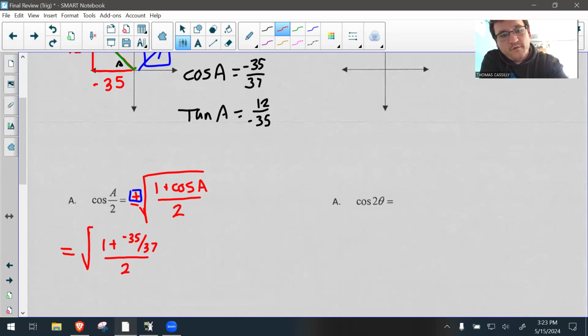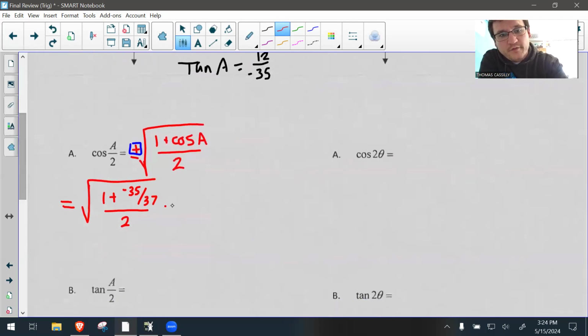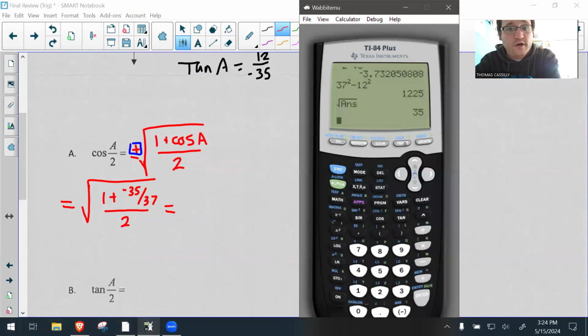From here, we could do this by hand. I made my class do this by hand a lot, and I think they still hate me for it. So why don't we just plug it into our calculator? Ignore the square root for now. We are going to make this fraction: you have the 1 on top, plus the negative 35 divided by 37, all in the numerator, and then you have this 2 on bottom.